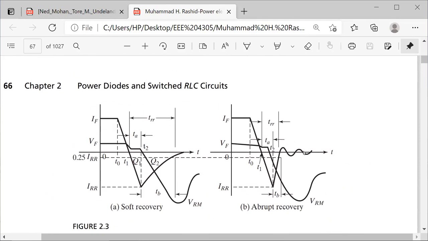Now I will give you some idea about the reverse recovery characteristics of the diode. Are you familiar with the word reverse recovery? Yes, sir. When we apply the reverse bias, it takes some time.